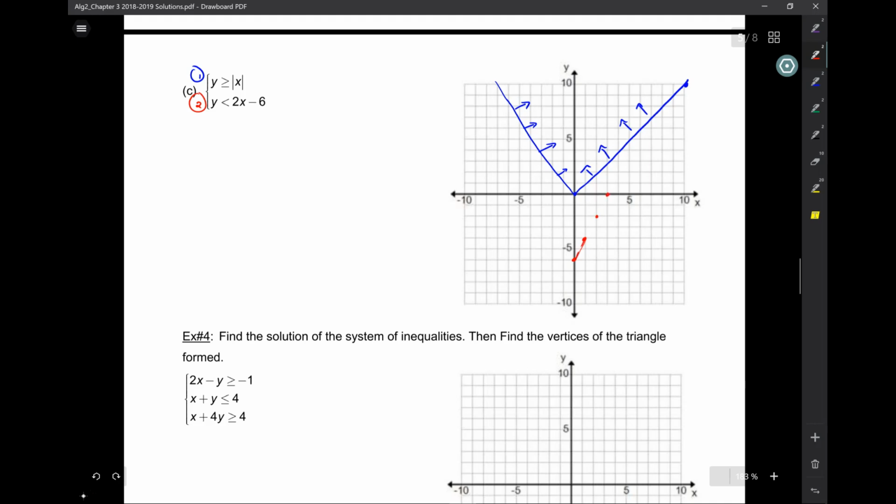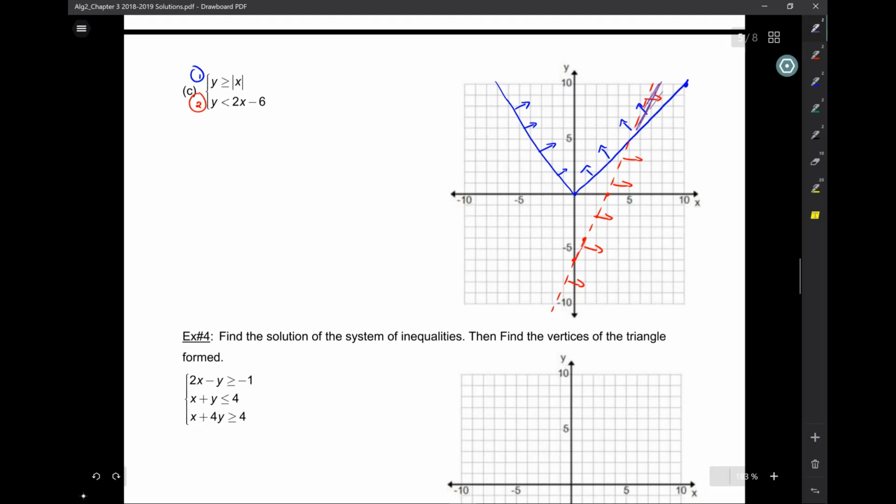So that's going to be a dashed line here, right? So are we going to shade above or below on this one? Below. So that's this region, right? So here's another way, all right? I put little markers like this. And so now, if you can visualize the area that was going to be shaded, then you can go ahead and do that.